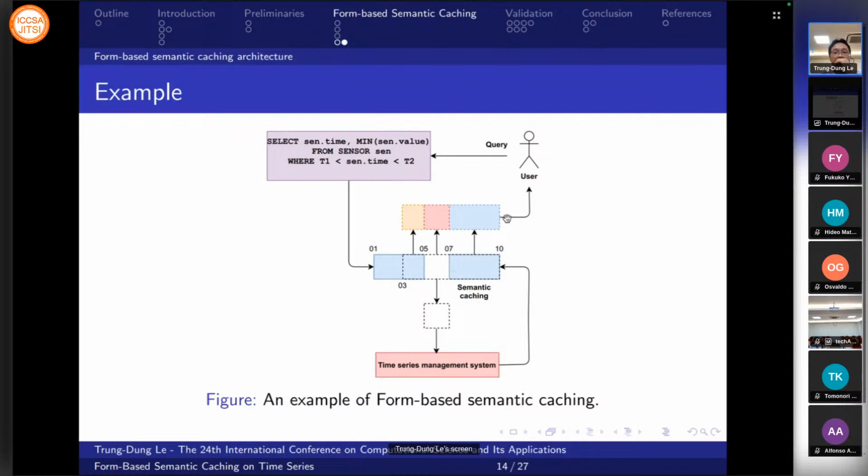And the query is from the third to the tenth. So we can take the results from semantic caching from the third to the fifth, and the second part is the seventh to the tenth. And the remainder query we can send to the time series management system and get the result from the fifth to the seventh, and after that the result is sent to the user.